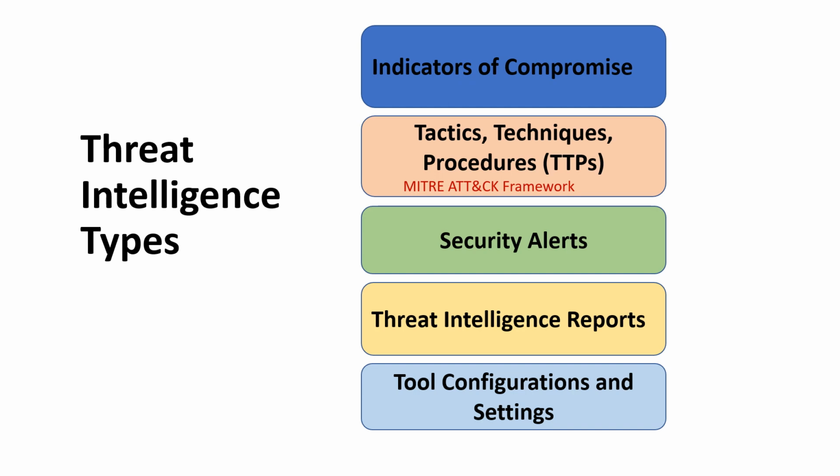Security alerts may come from intrusion detection or prevention systems. Threat intelligence reports that are produced by reputable entities on the internet such as SANS, Cisco, Palo Alto, CrowdStrike, or Dragos. And tool configurations or settings. These are threat informations produced by customized threat collection tools.